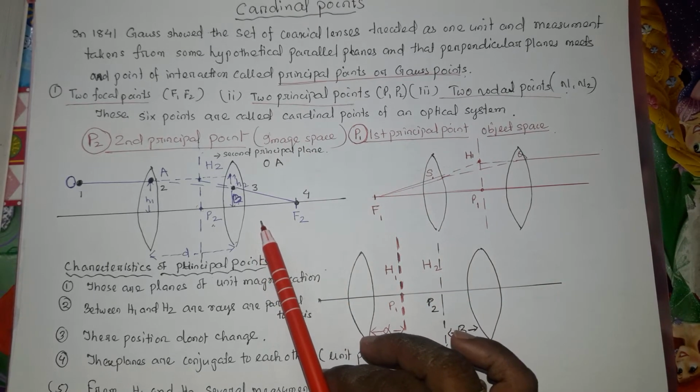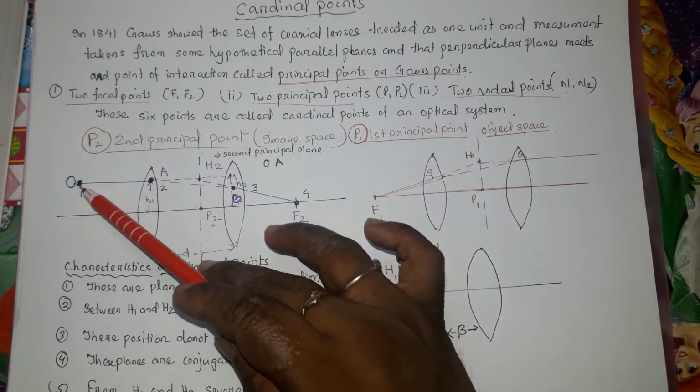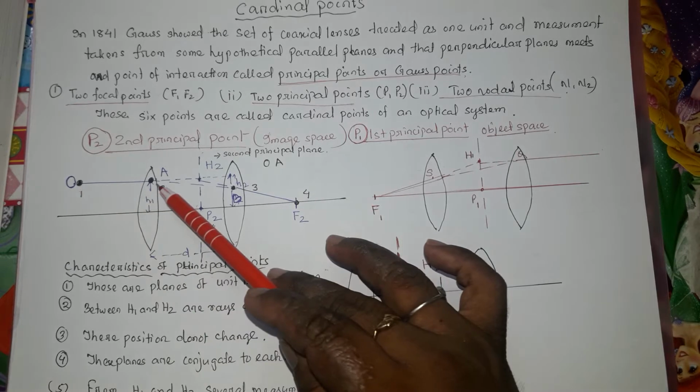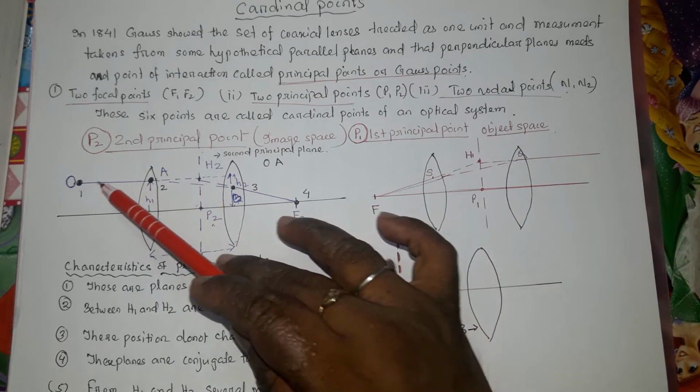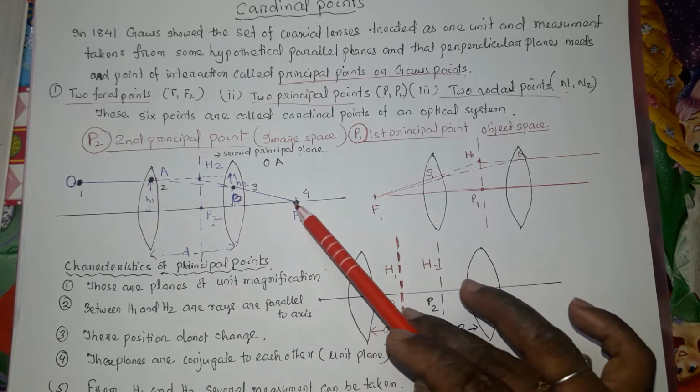In the second principal point, the ray coming from infinity, this is the ray OA, after refraction follows the path O, A, B, F2.